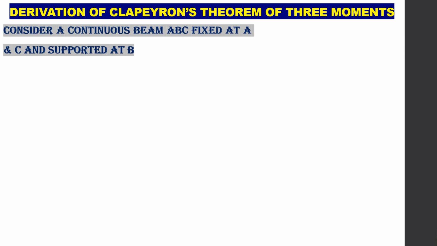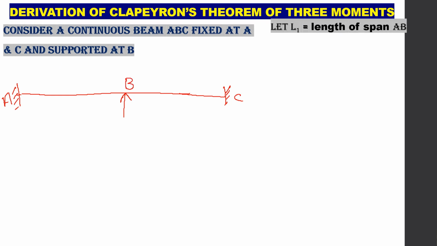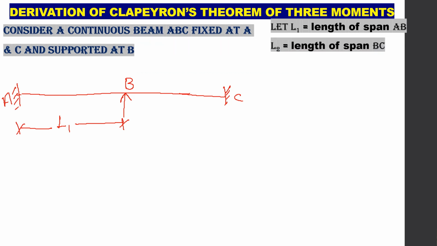For this, we will consider a continuous beam ABC that is fixed at A and C and supported at B. Let L1 be the length of the span AB, and the span BC is taken as L2.